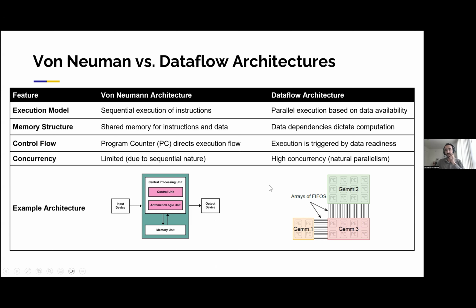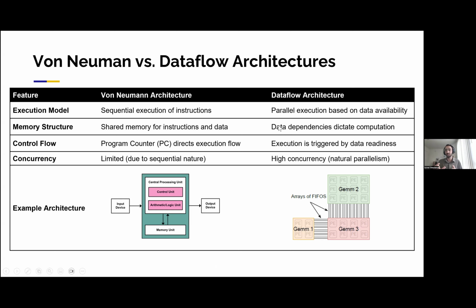Then there's another type of architecture called data flow architectures. The execution model is more parallel, based on the availability of data. It tries to match the actual computation graphs, where data flows through the computation, but we realize it in hardware.